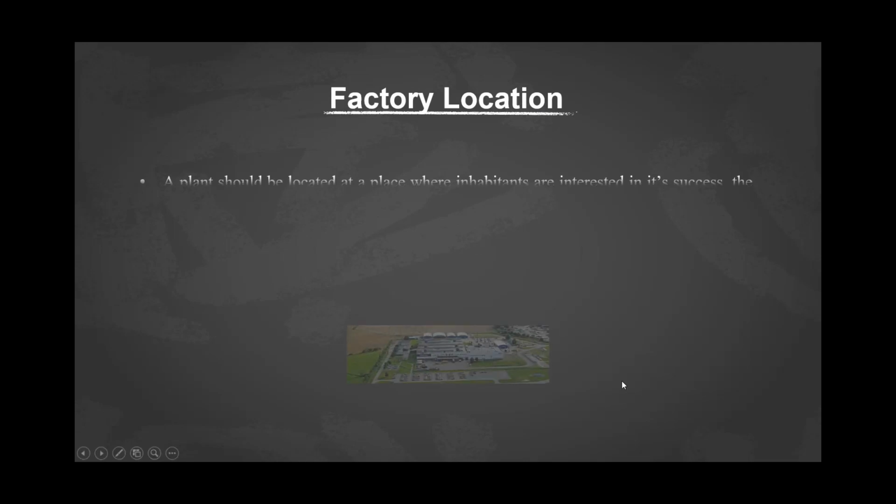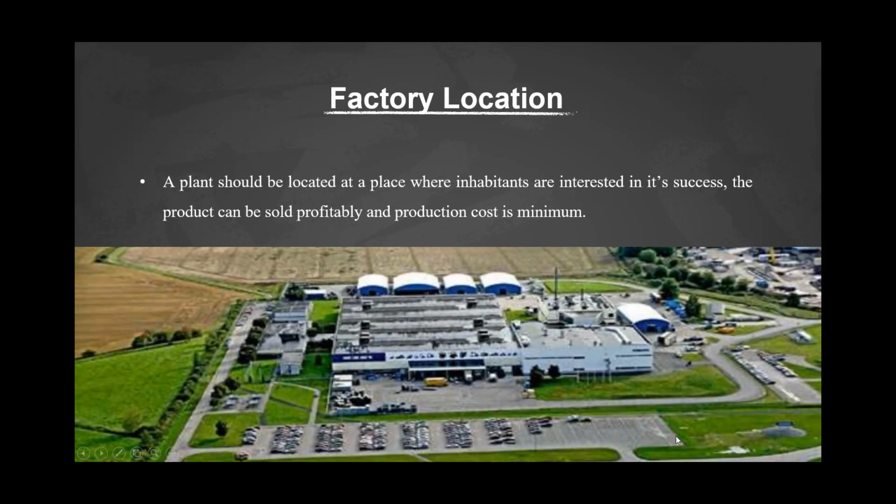Factory location. A plant should be located at a place where inhabitants are interested in its success, the products can be sold profitably, and production cost is minimum.